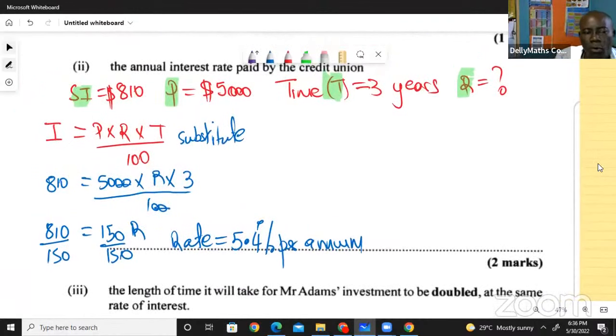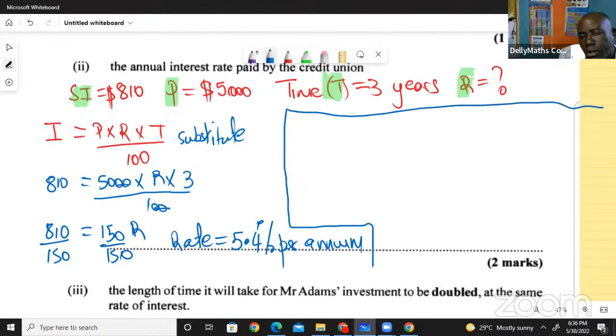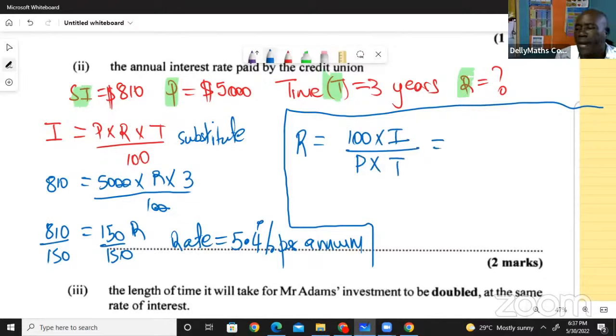That's one way. Let me work it another way, because I know that some persons might have approached it like this. So I'm going to put another solution here. All right. So you might have had a formula for rate by itself and said rate is equal to 100 times the interest over P times T. So this is another way we could find the rate.